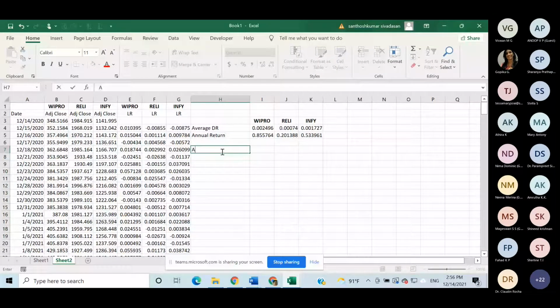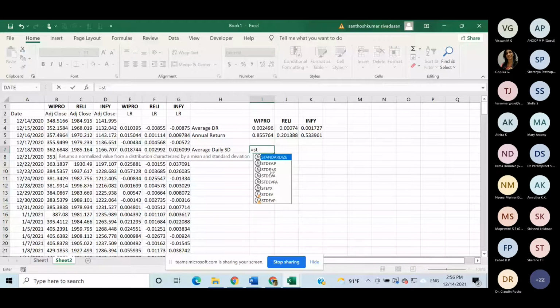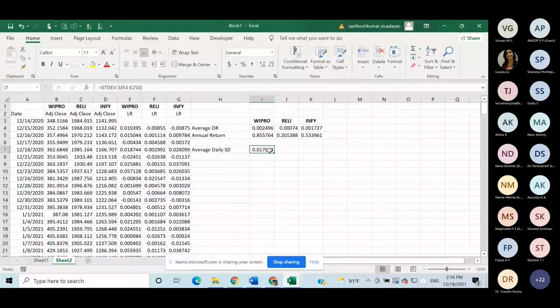Average daily SD is equal to STDEV.S, standard deviation of sample, choose the data, Control Shift down arrow, enter. So the average daily standard deviation is there. Drag it, you will get the standard deviation of other stocks also.